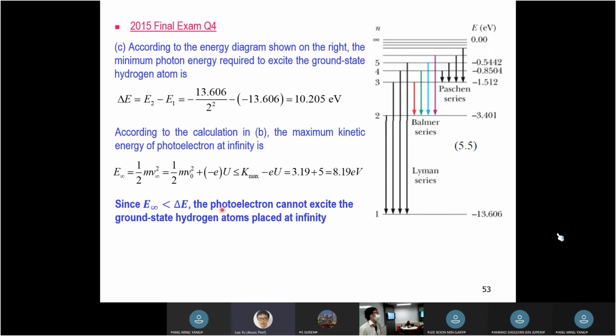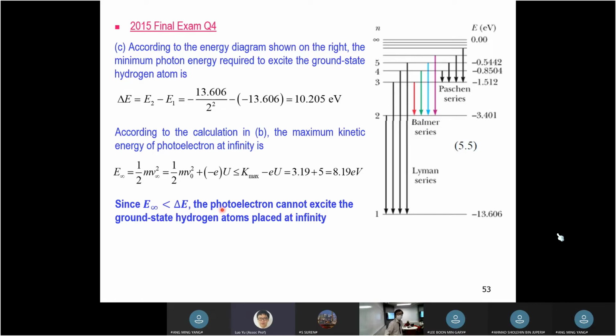Okay, here is something I want to highlight for you. If I want an electron to excite the hydrogen atom, because electron can move at any speed, it can give part of its energy to the hydrogen atom to excite it, and then keep the rest of the kinetic energy. Because its velocity can increase, it can give out any portion of its kinetic energy.